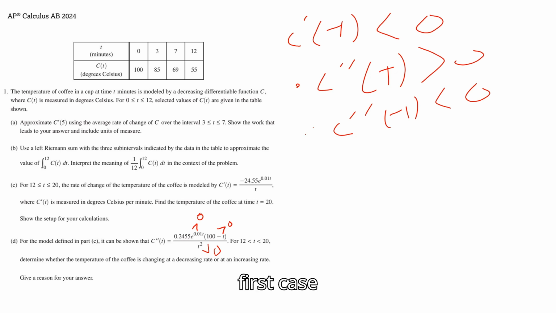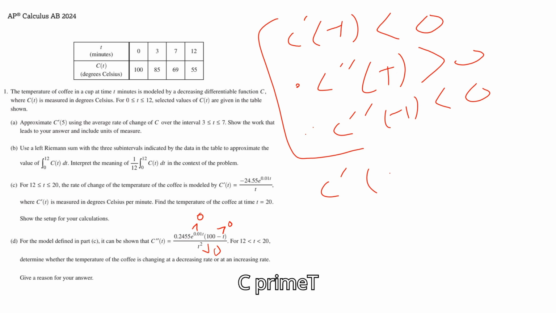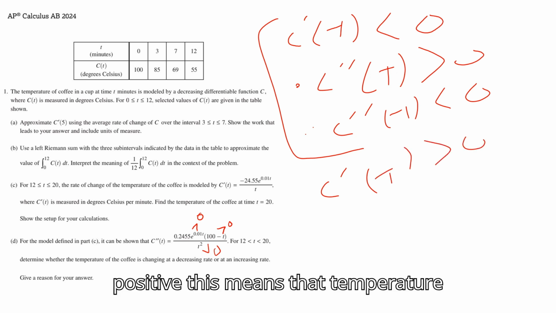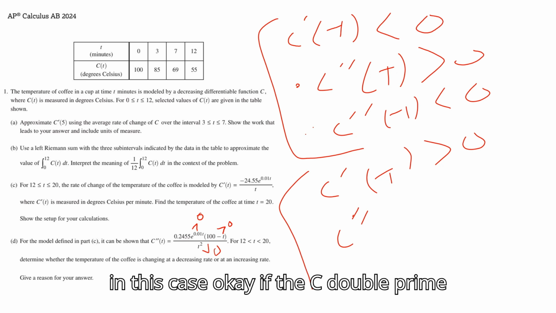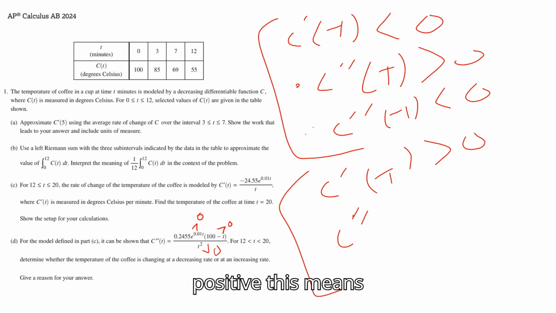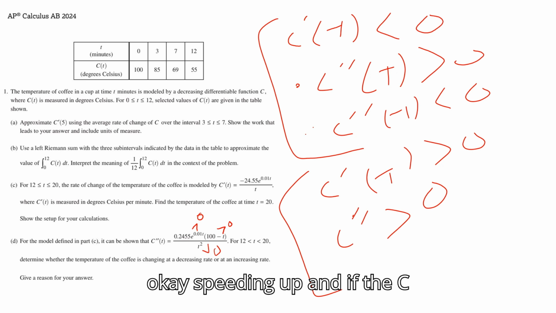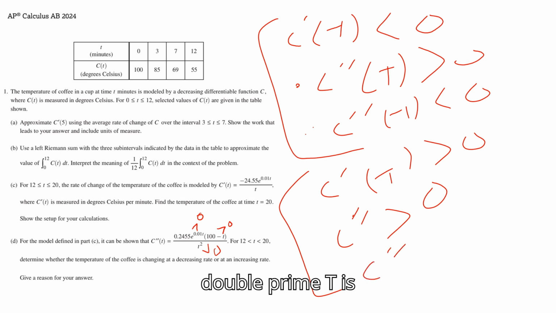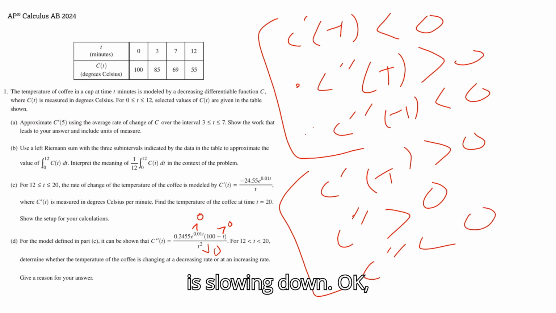This is the first case. Second case: if C prime of t is positive, the temperature is increasing. If C double prime is positive, the rate of increase is speeding up, and if C double prime of t is negative, the rate of increase is slowing down.